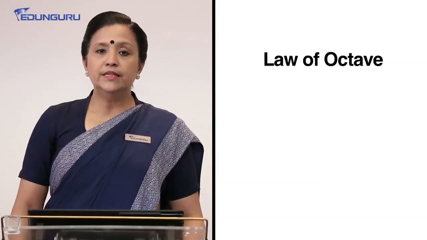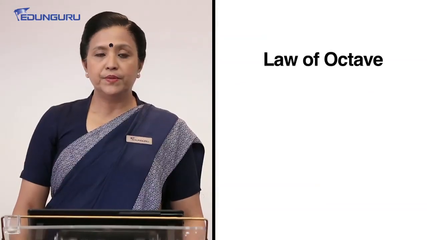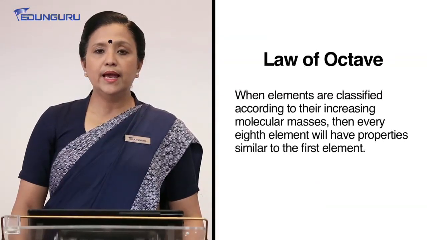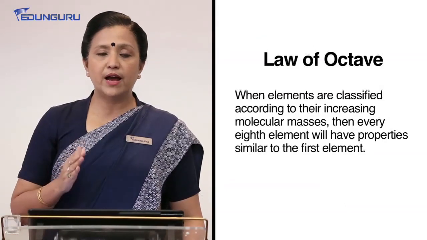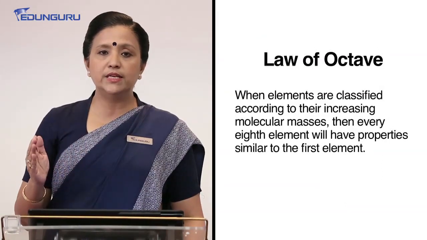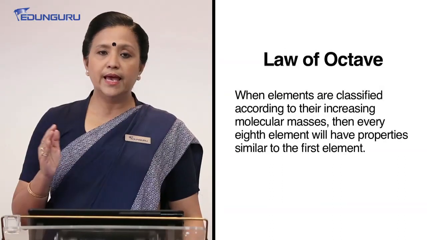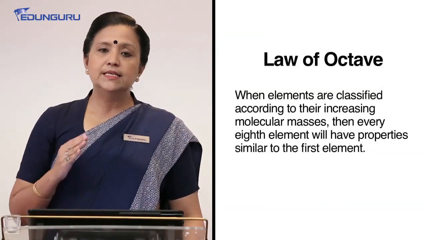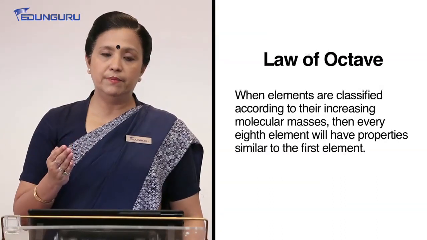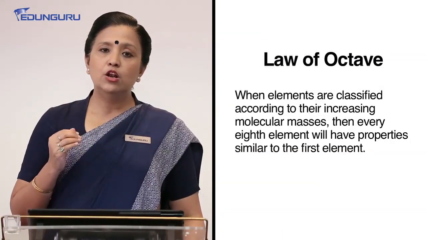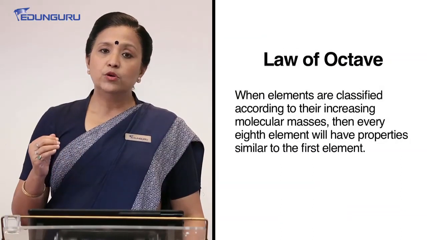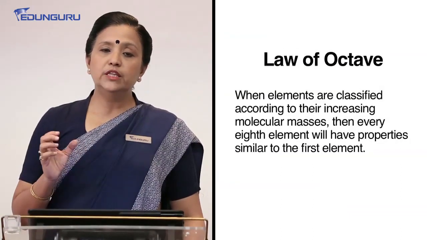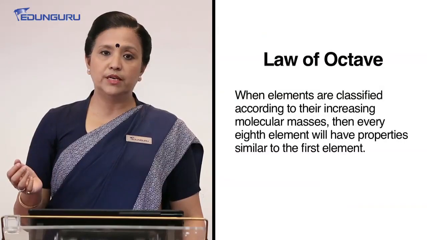He gave the law of octaves. He said that when elements are classified according to their increasing atomic masses, then every 8th element will have properties similar to the first element, and he called this the law of octaves, correlating it to the octaves of music.